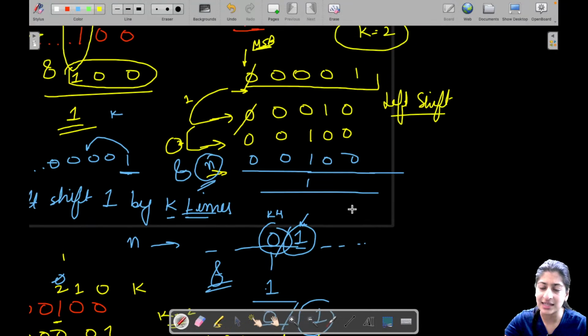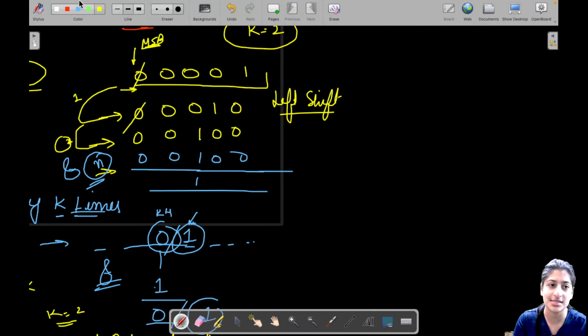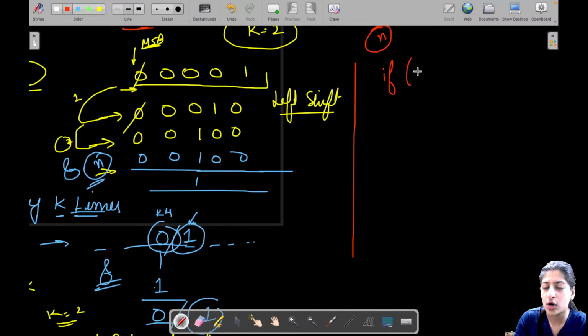Let me also discuss the second approach. Very easy. If I write the entire code, it can be simply written as, let's say your input is n, right? So n bitwise AND with 1 shifted left by how many times? K times, right?